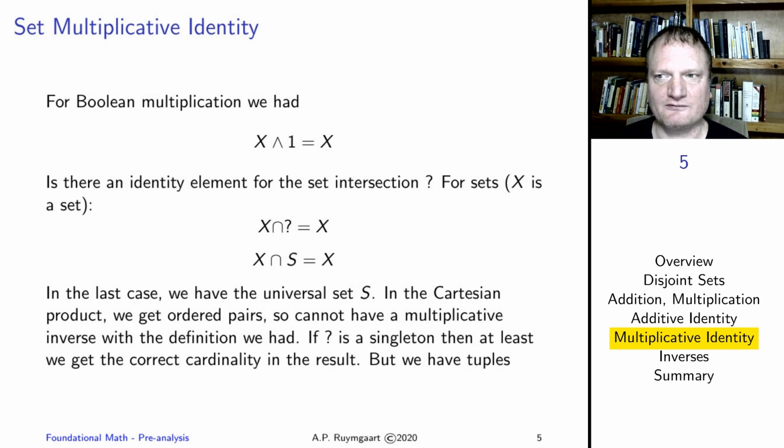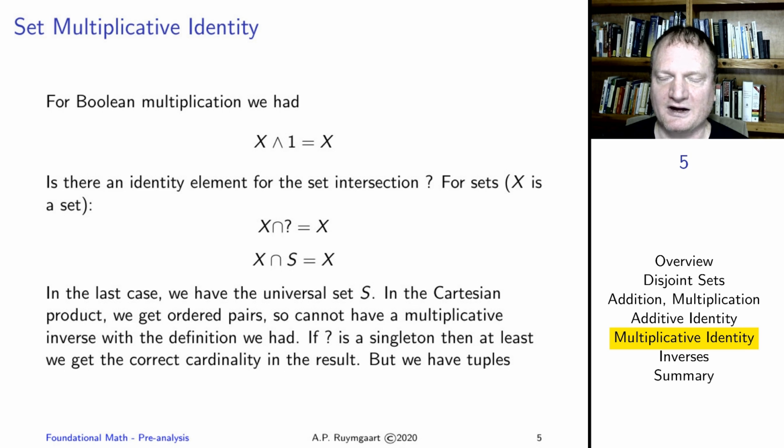Remember, the intersection results in a set of common elements. So if our question mark element of our power set contains all possible elements that are available in the domain, then our intersection is always going to equal the smaller set, x in this case.